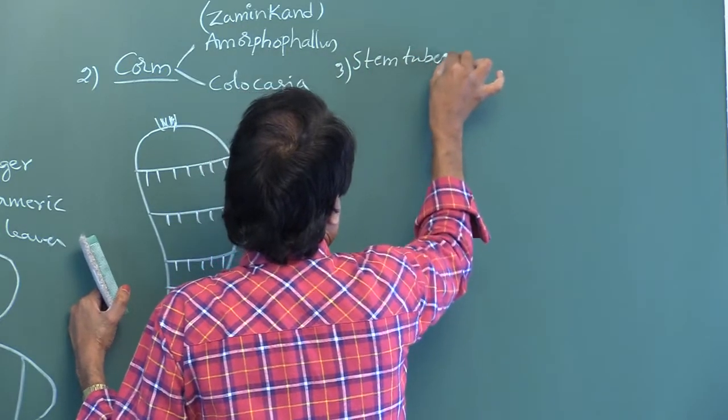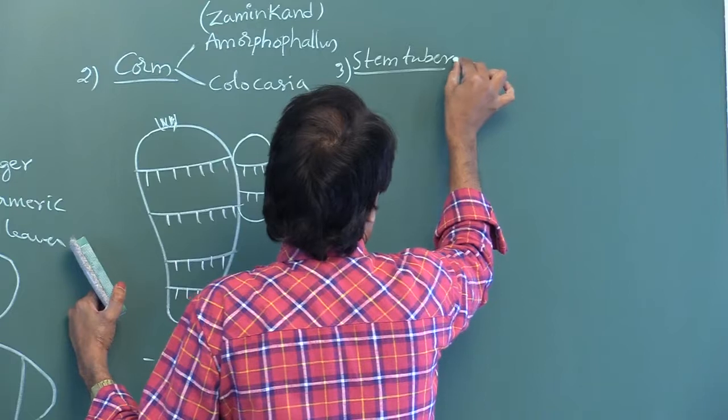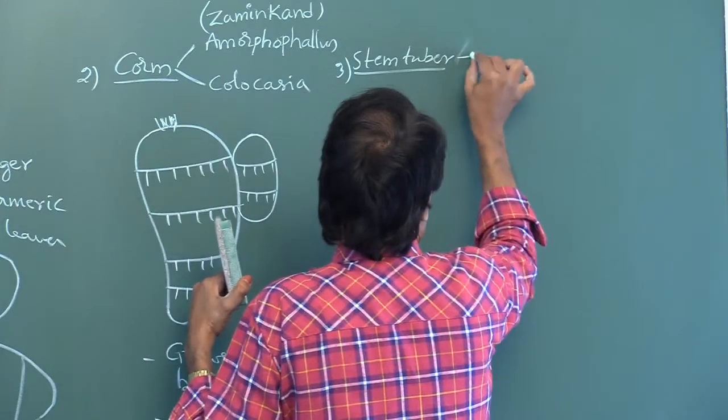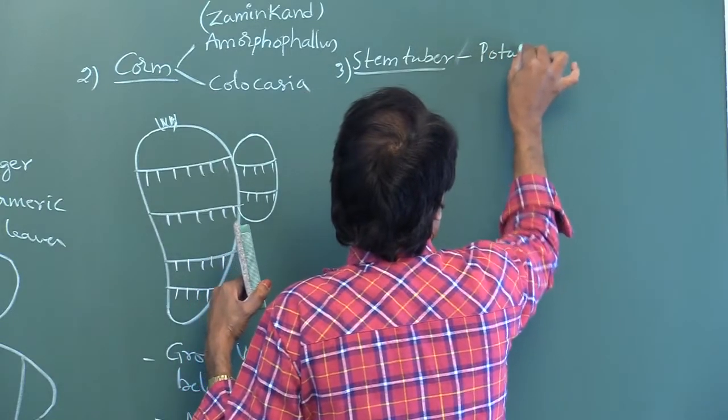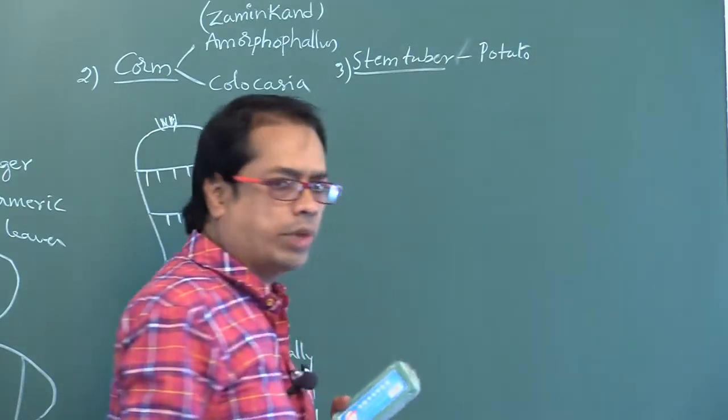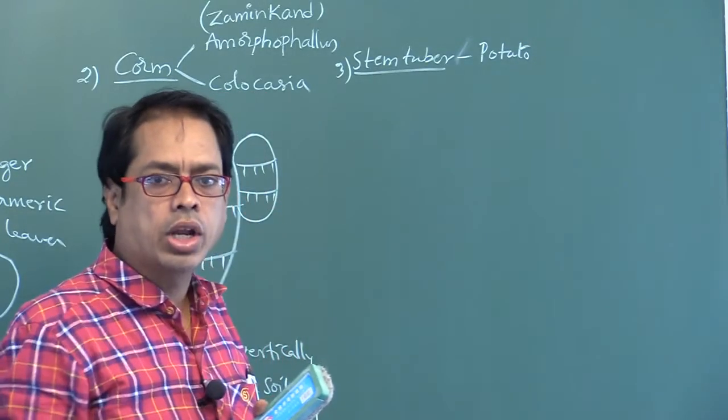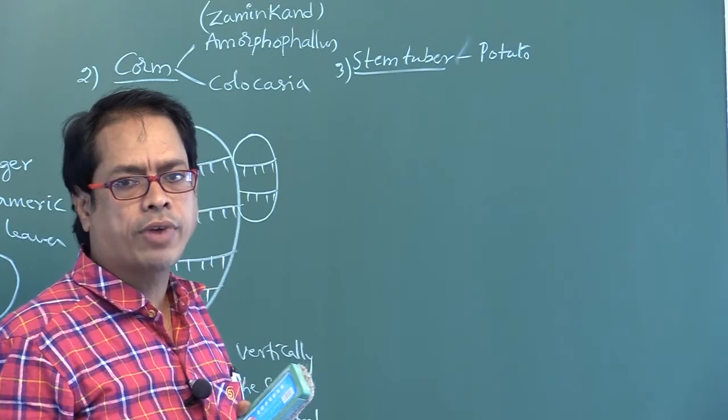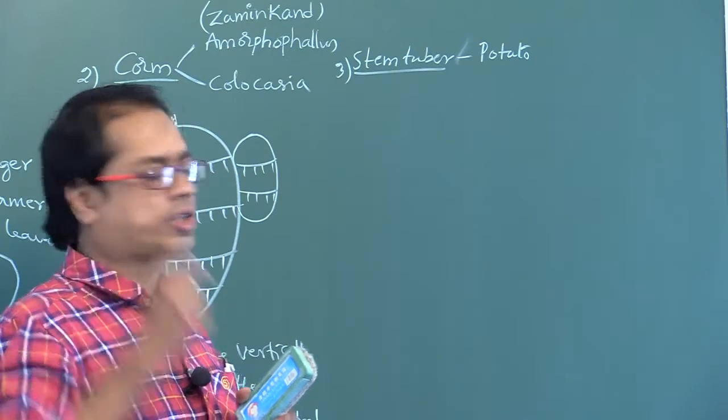Next one, stem tuber. Stem tuber example is potato, that is Solanum tuberosum, which belongs to family Solanaceae.